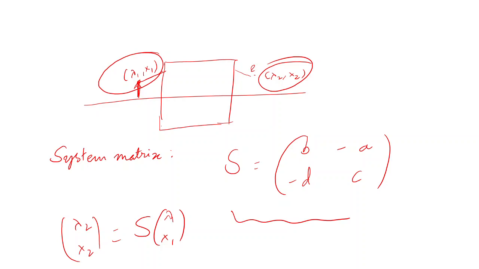So now let's use this concept to derive the system matrix for a thick lens, right? So let's take a thick lens.